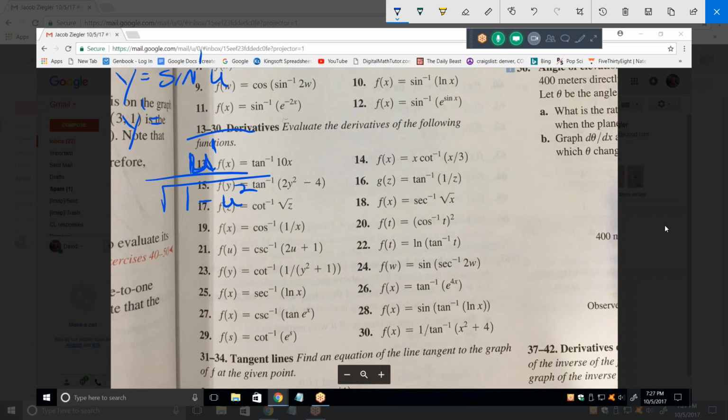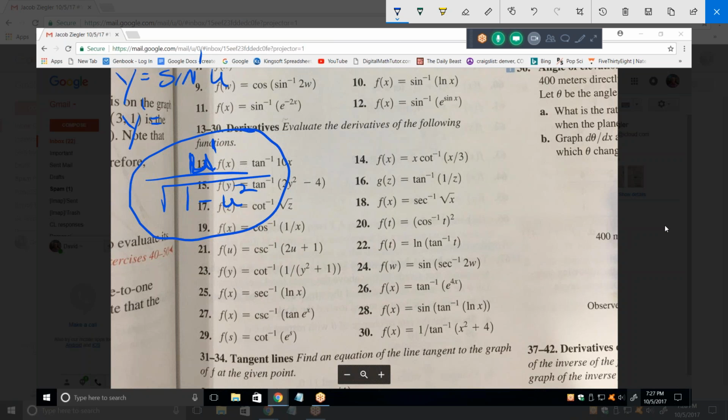And this is why, when they give you a page of formulas, this is the one you're going to see on it. They're always going to assume that there's an inside. Notice on questions 13 through 30, every single one has an inside. Nothing is just x. They didn't ask us for the inverse tangent of x. There's no inside there.